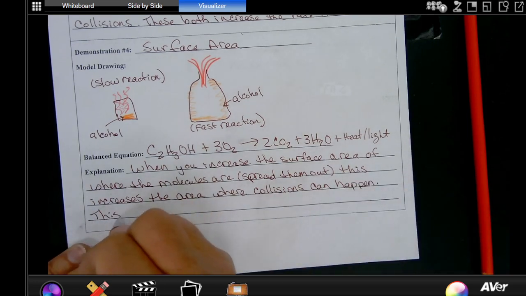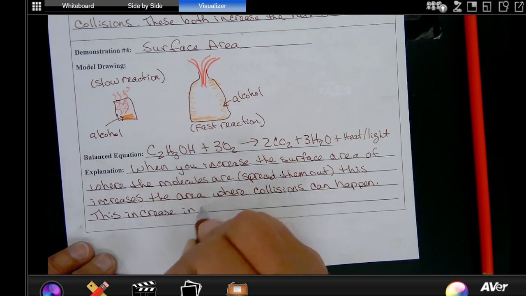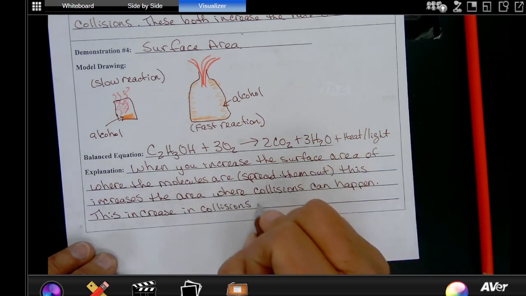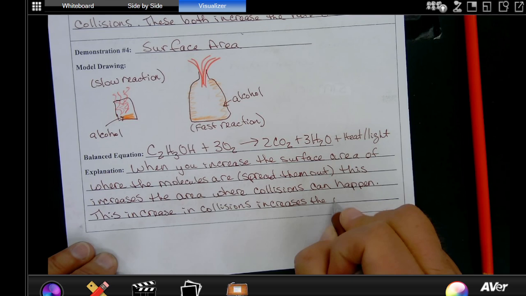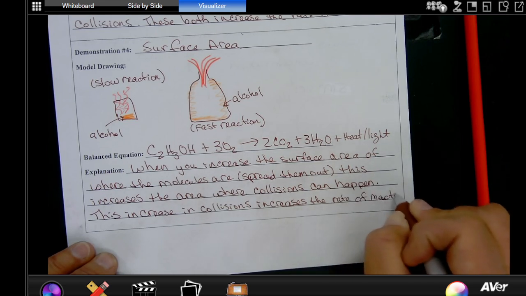This increase in collisions increases the rate of reaction. Okay. So that's another way.